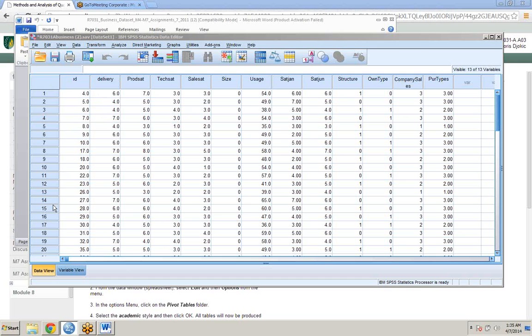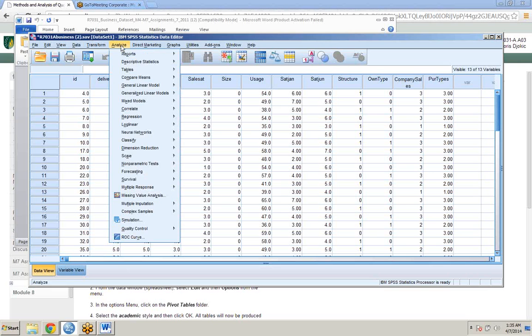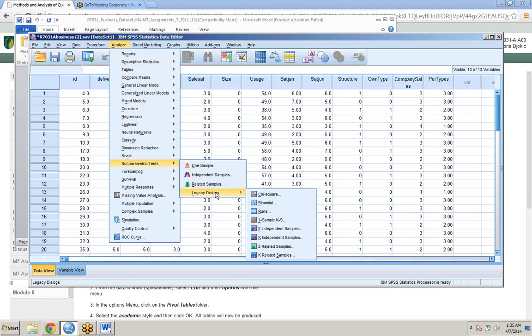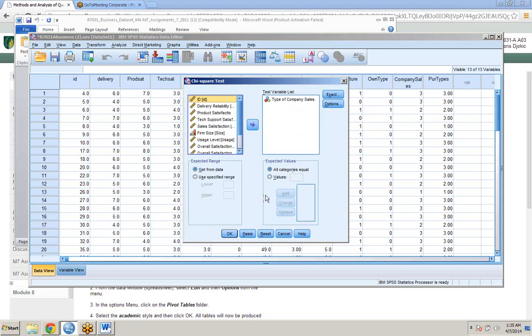This is the important part. For the chi-square goodness of fit, we need to go to Analyze, then Non-Parametric Tests, then Legacy Dialogs, and Chi-square. And it will give us the options that we have. The options are pretty simple and straightforward.